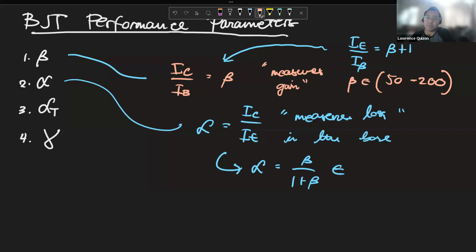That's a very nice BJT. But it means na, since alpha is beta over 1 plus beta, we expect this number to be like, I don't know, parang 95% to 99%. So beta is a number in hundreds, but alpha is a number that's better the closer it gets to 1. Kasi it's beta over 1 plus beta, right?